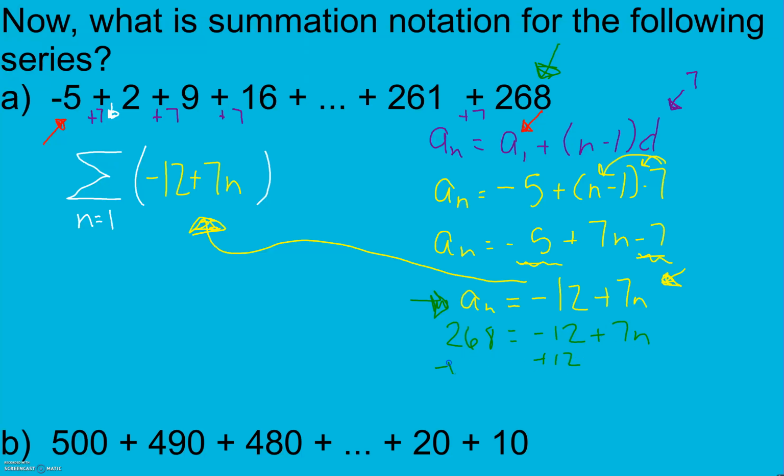Add 12 to get my 7n by itself. 280 equals 7n, divide by 7, and n is going to be 40, which means that 268 is my 40th term, and we're going to go from our first term to our 40th term in this sum.